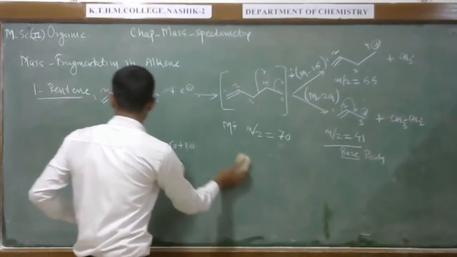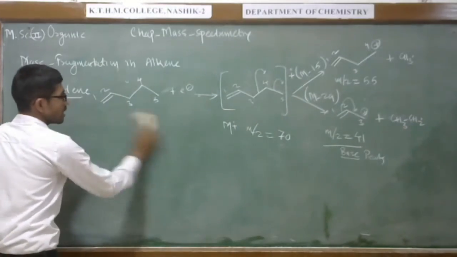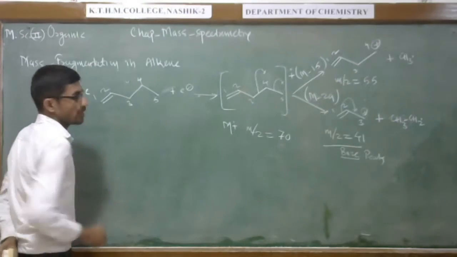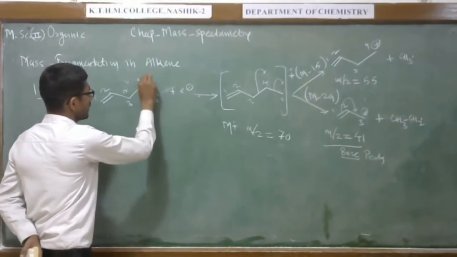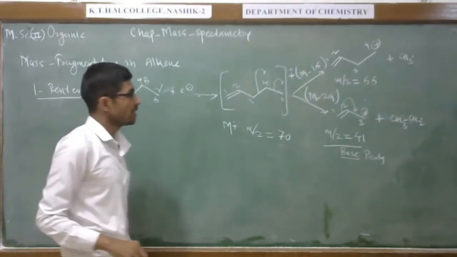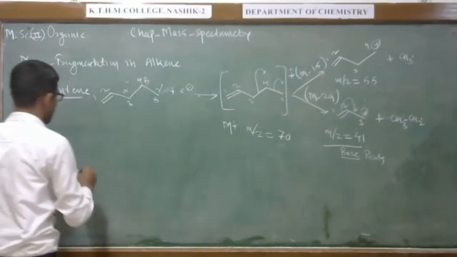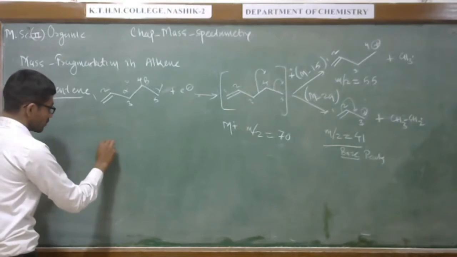Also remember that in this compound alpha, beta and gamma hydrogens are available. So this compound undergoes McLafferty rearrangement. How? See here.